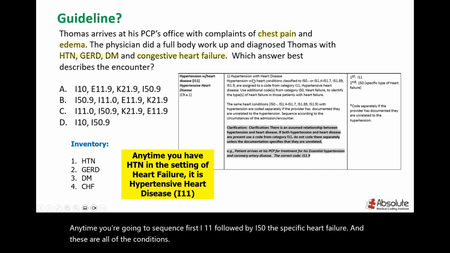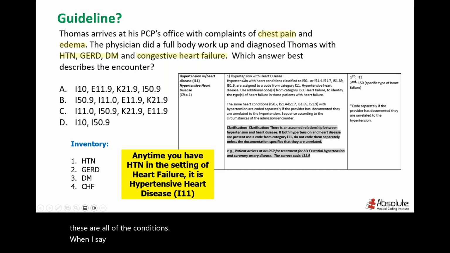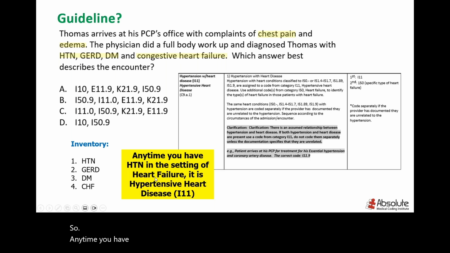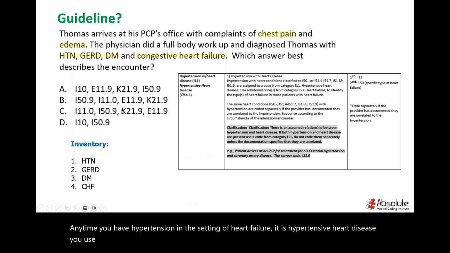When I say hypertension with heart disease, they have to have a heart condition that falls under these categories: I-50, I-51, etc. And we do fall under I-50. See, I-50. So anytime you have hypertension in the setting of heart failure, it is hypertensive heart disease.